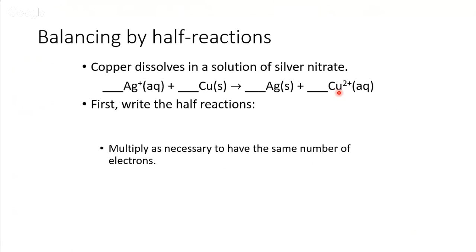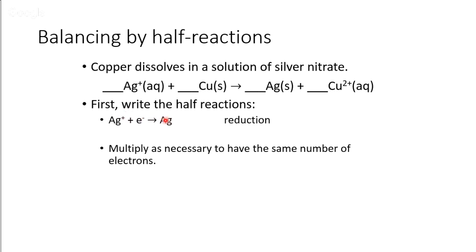For silver, we go from silver +1 to silver metal from the two sides of the equation. If we have silver +1 becoming silver metal, that means that it gains 1 electron. One way you can think about these is the charge on each side adds up to the charge on the other side.